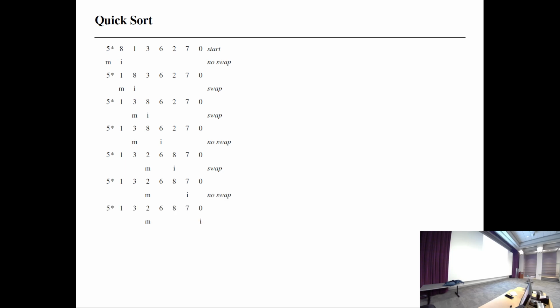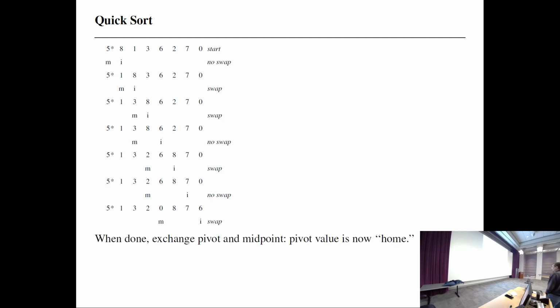And then final pass, 0 is less than 5, so I advance M to here and exchange 0 and 6. There they go. And I'm done. Now, one last step. When I'm done, wherever this M ends up, I'm going to take that value and exchange it with 5.